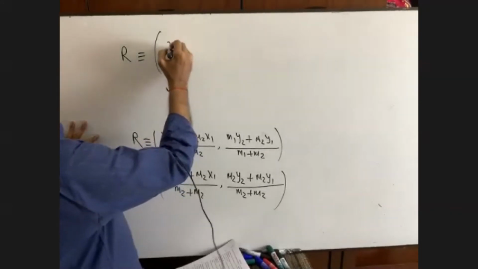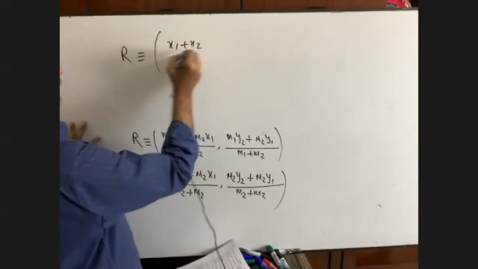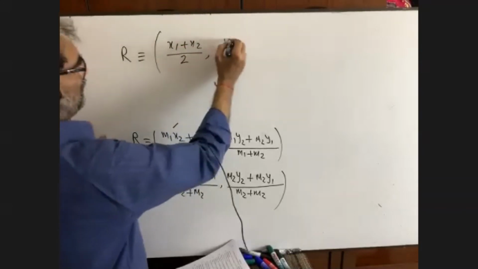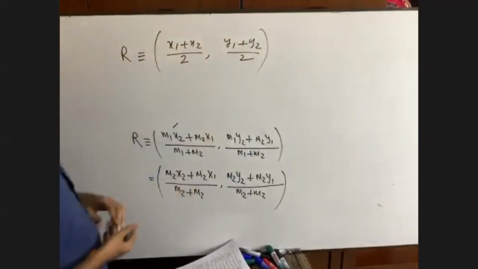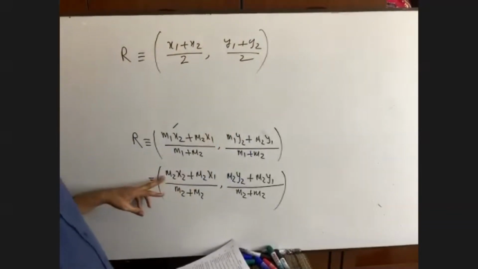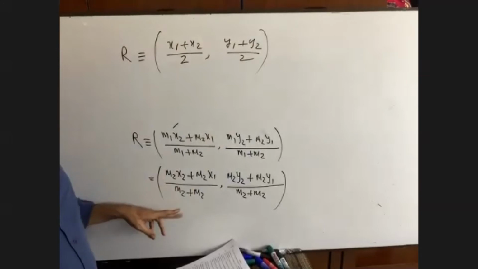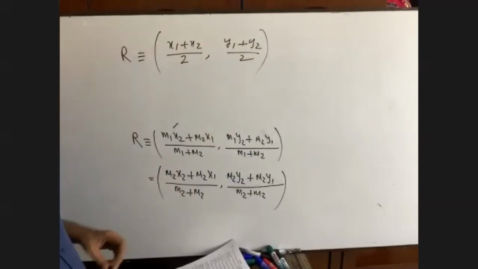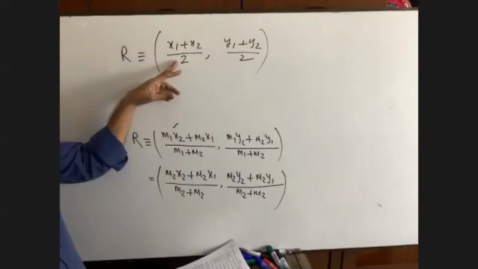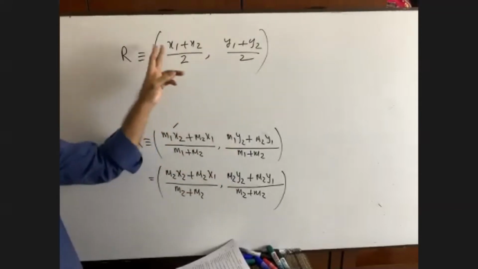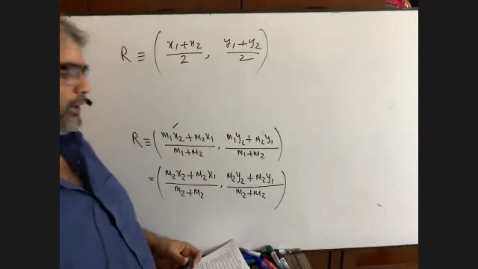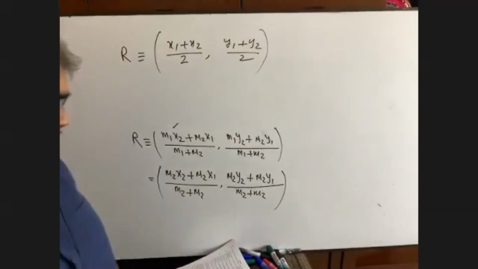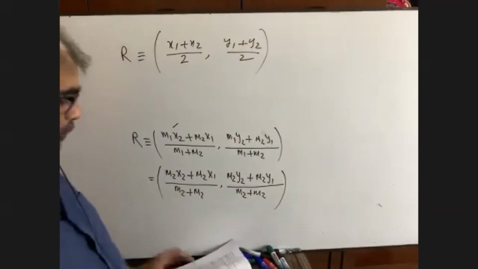So we'll get x1 plus x2 by 2, y1 plus y2 by 2. What I have done, I have taken M2 common and there will be 2 M2. So M2 will be omitted. So in the denominator, there will be only 2 in the same way. So this is the formula how you can find the midpoint. Okay.